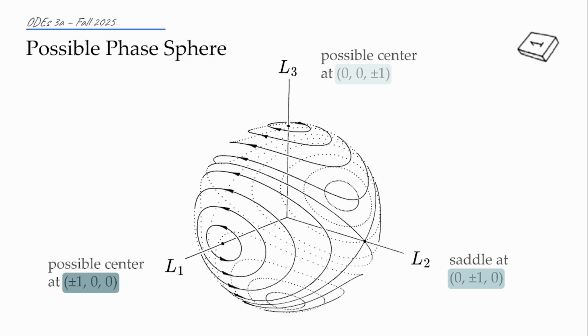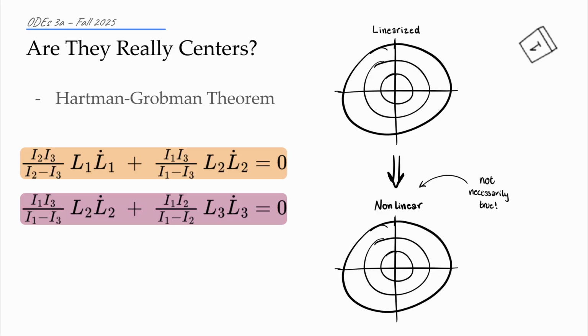Based on our linearization, this is what we think our phase sphere might look like. Notice we have a saddle point at 0, plus or minus 1, 0, and we also have possible centers at plus or minus 1, 0, 0, and 0, 0, plus or minus 1. Although the linearized system indicates there to be centers about the L1 and L3 axes, we need to ask whether there are actually centers in the nonlinear system.